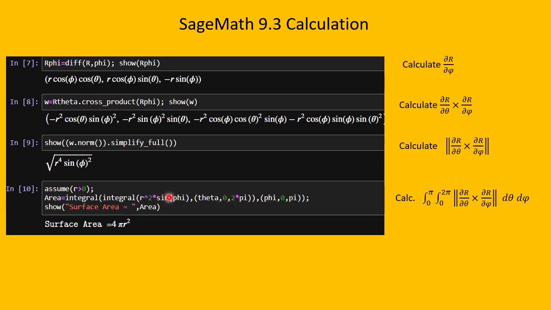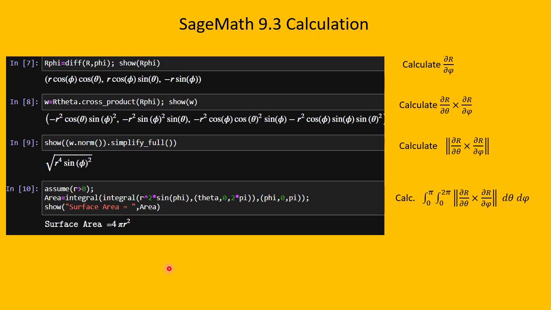When you execute this statement, what we get is this output. The surface area is 4 pi r squared. Now, this is a formula that you probably learned many years ago, probably in elementary school, I suspect, if they still teach it there. But now we can see how that formula came about.